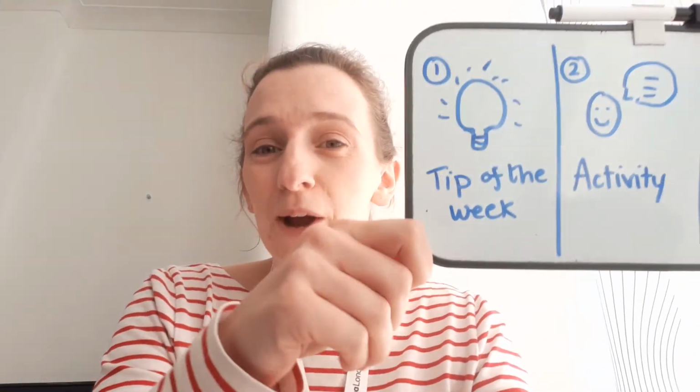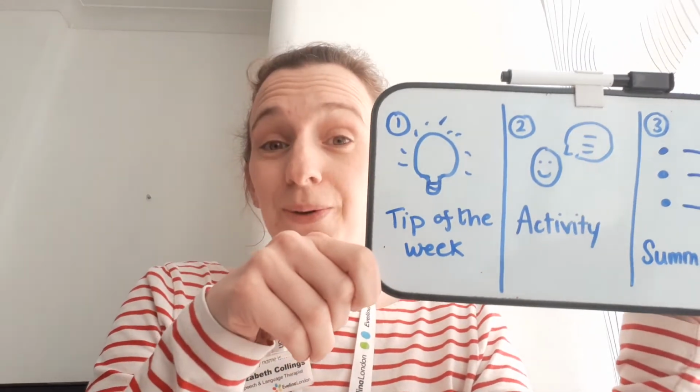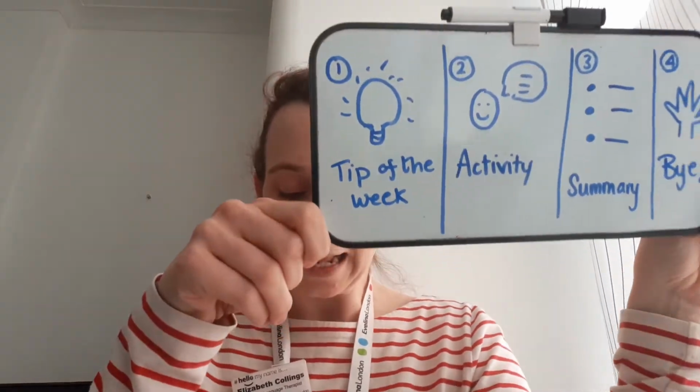So our visual timetable for today: I'm going to be sharing with you a tip of the week. We're going to do an activity, and today's activity is going to be making up a story using some real, everyday objects that I've just found around the house.